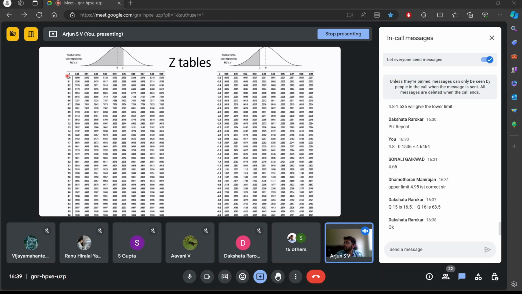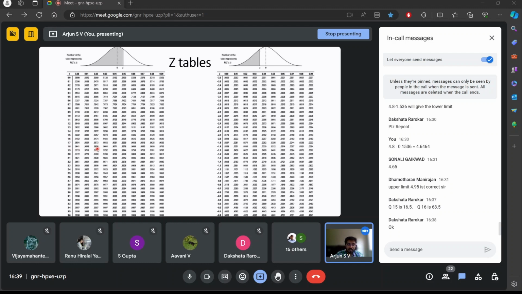Your value is 1.82. You take the first two base digits, 1.8, so Z will be 1.8, and then the precision value will be 0.2. Under 1.8, try to find 0.2. You get 0.9656.